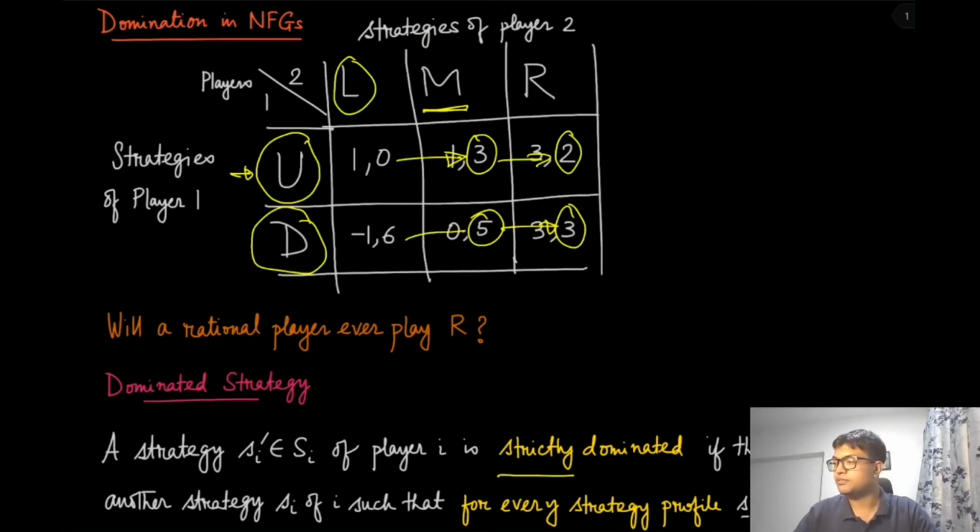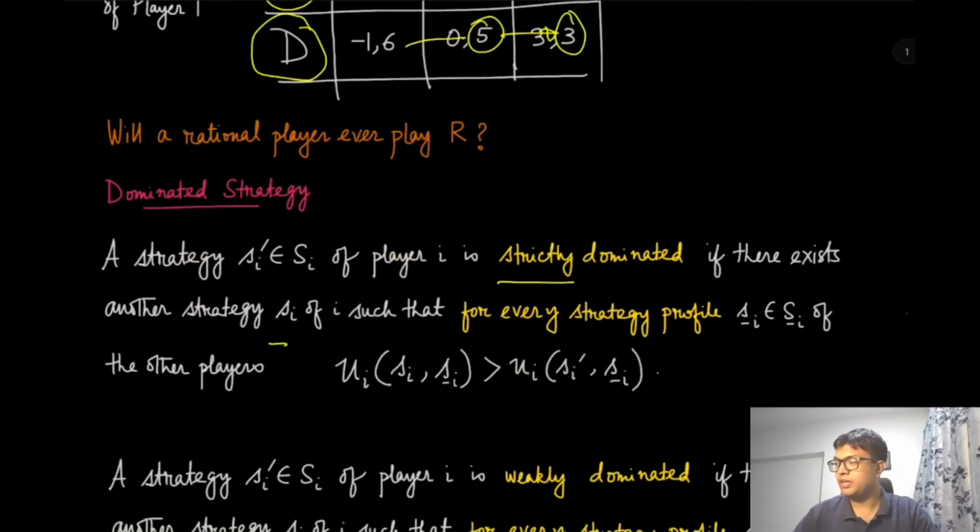So therefore, you will not be calling L dominated by M. But R is definitely dominated by M, because for every strategy profile of the other players, this inequality holds. That is, if player i plays Si, it is going to get strictly more utility than when it plays Si prime. So this is strict domination.